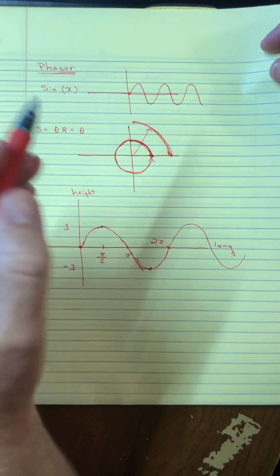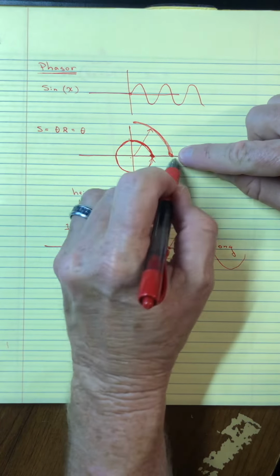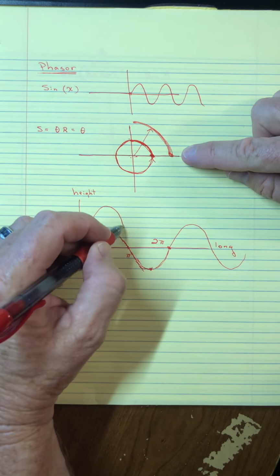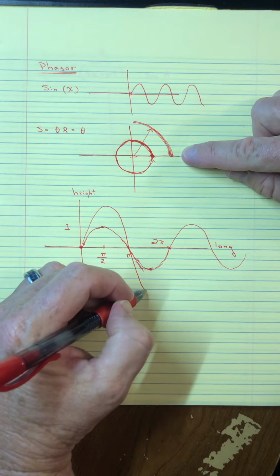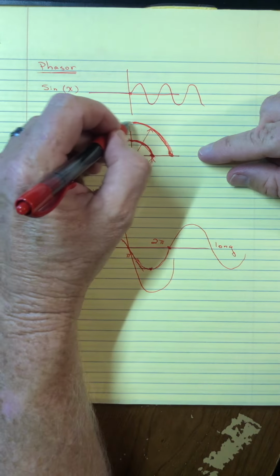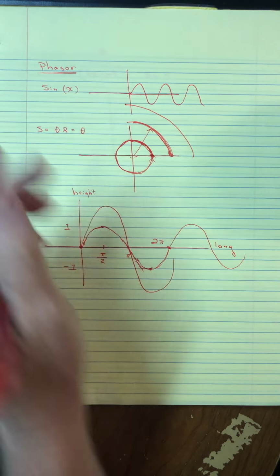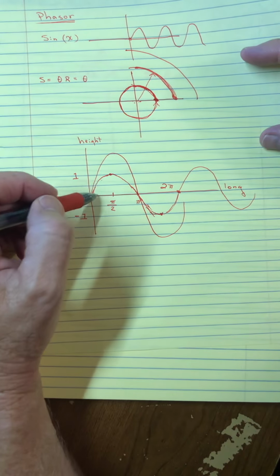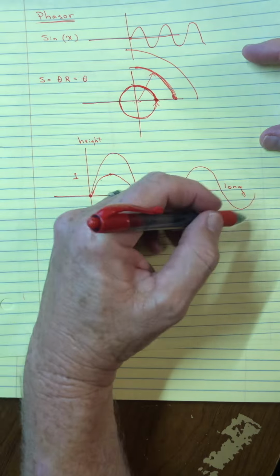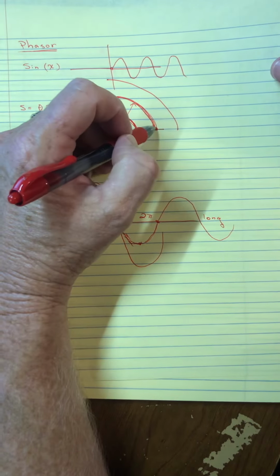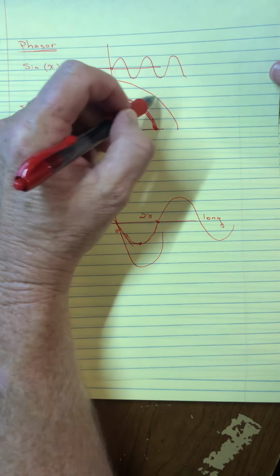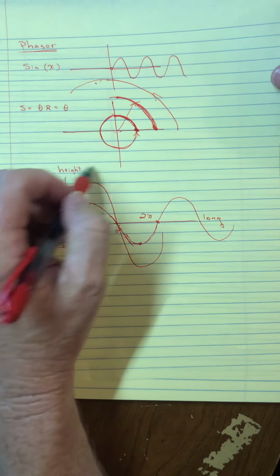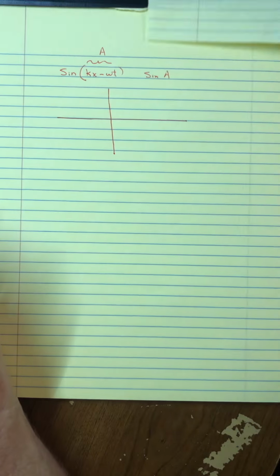And so if I made a bigger radius here of 2, then it would go up to a 2 and then back down and down to a -2. And so what I can now do is think about sine functions not as this wavy thing that goes up and down, but as a little point on a circle that's moving, where the radius of the circle is the amplitude of the trig function.